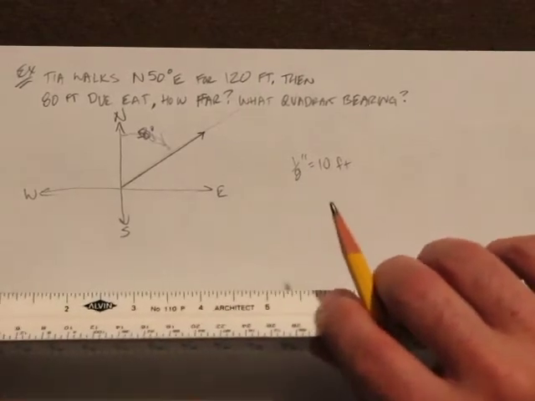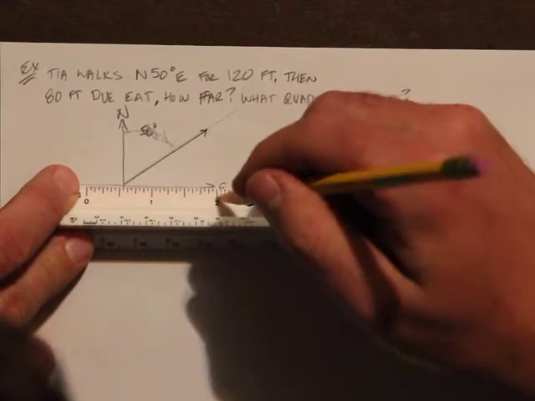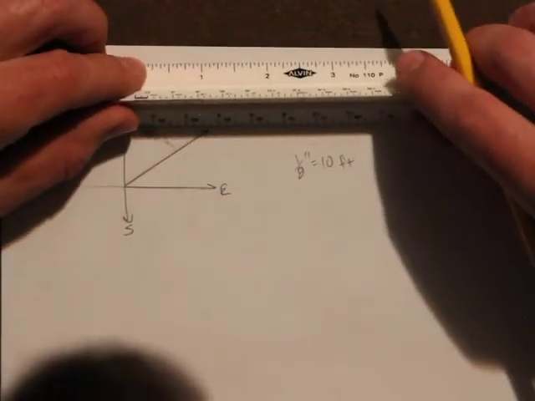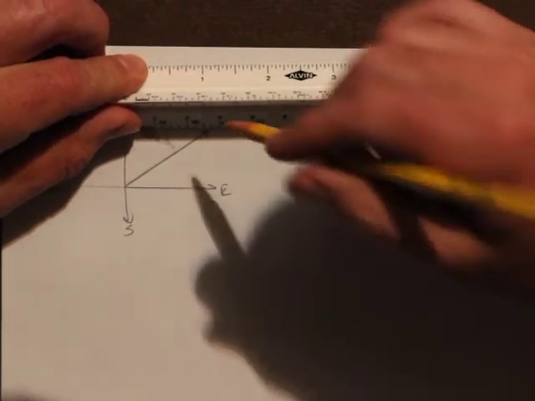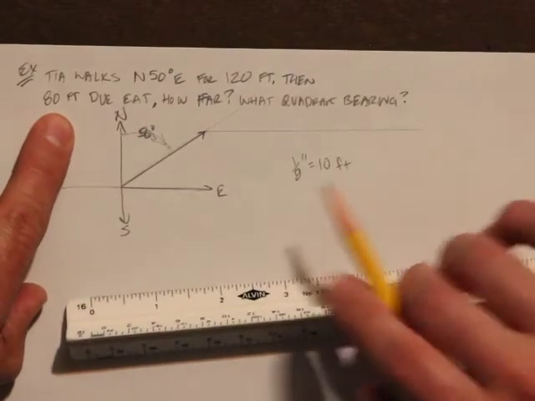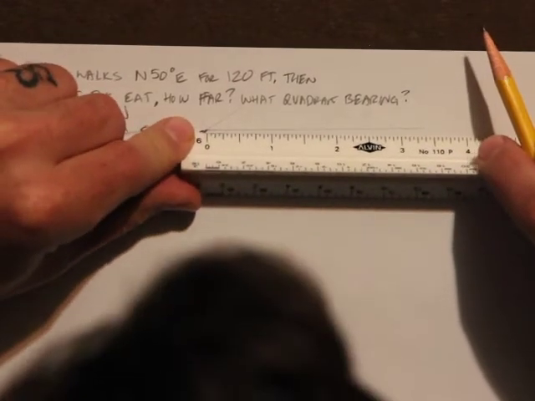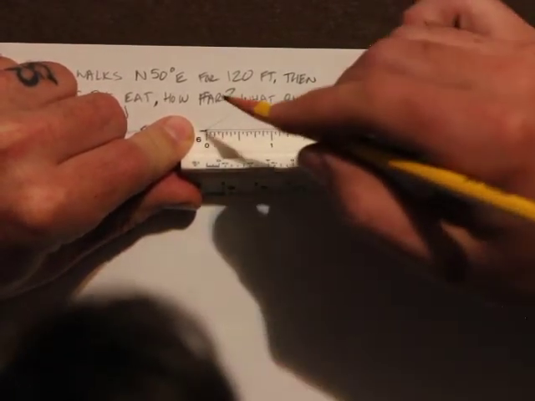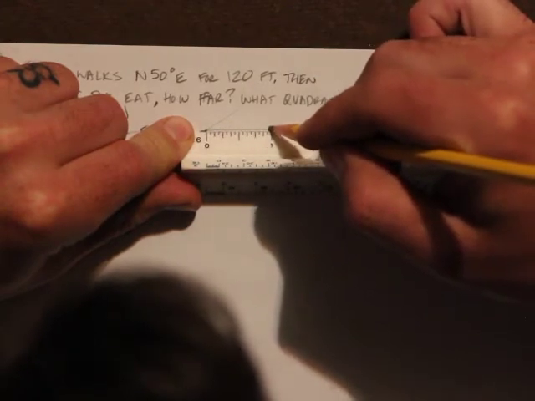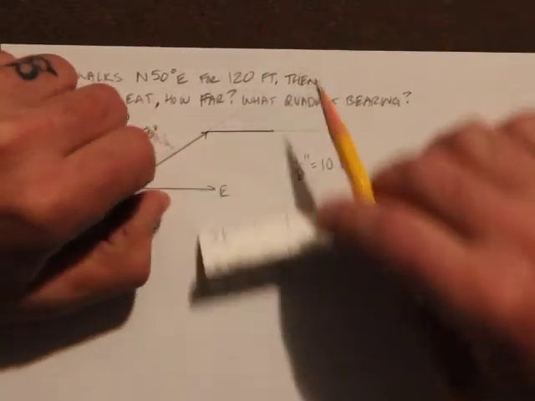All right, so now I'm going to go due east. So that is parallel with my east here. There's my east, and I need to go parallel to that east. 80 feet means 8 of 1/8 of an inch. 1, 2, 3, 4, 5, 6, 7, 8. 8 of 1/8 of an inch is 1 inch, of course.